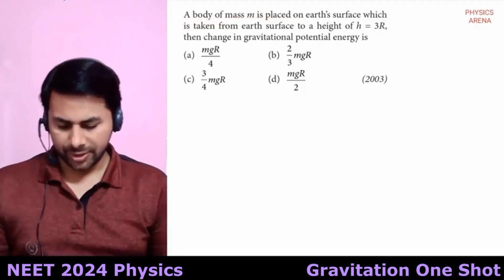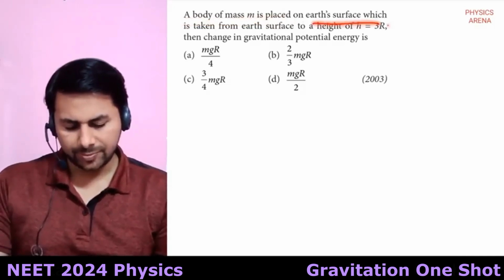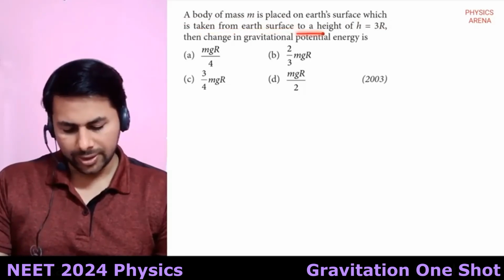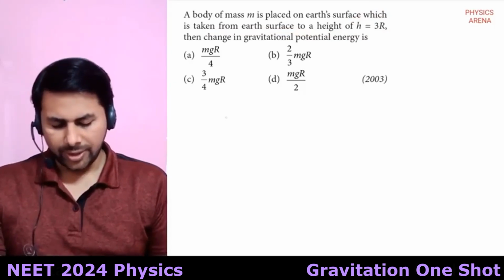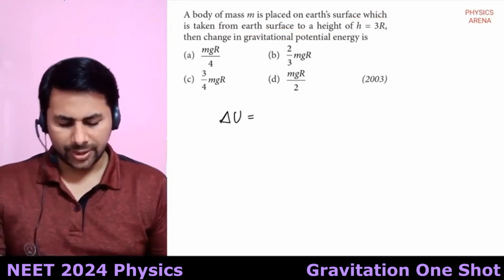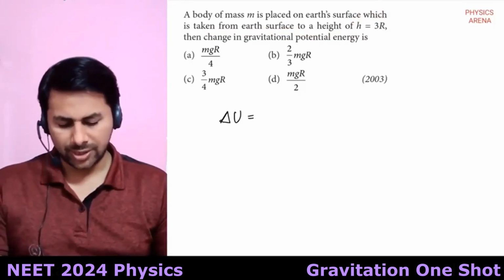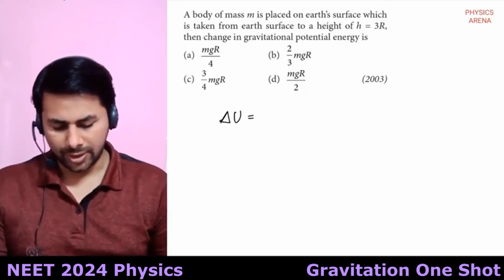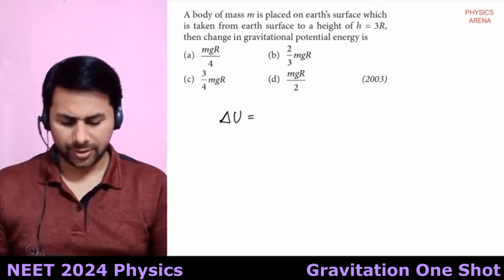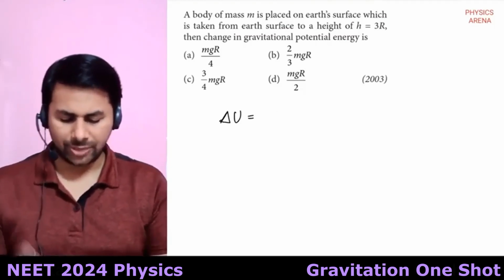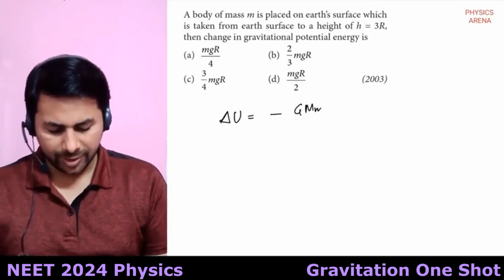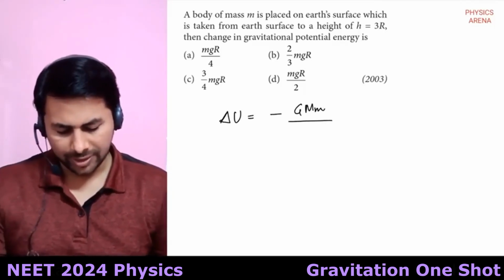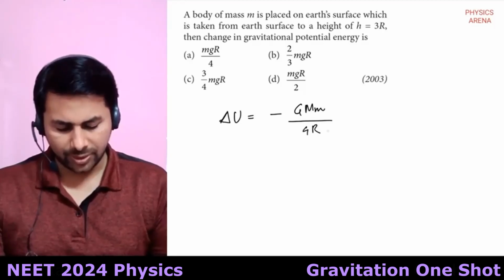So we know how to solve this question, right? A body of mass m is placed on Earth's surface, which is taken from Earth's surface to height h equal to 3R. So what is change in gravitational potential energy? So delta U equals final gravitational potential energy minus initial. Final is minus GMm divided by R plus h. h is 3R, so it is 4R.